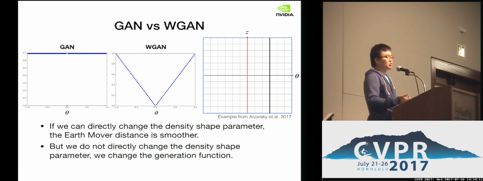But again, we do not directly change the density shape. What we have control over is the generation function. We train a neural network and change the parameters in G. So the benefits shown in this figure may not fully carry over to GAN training.